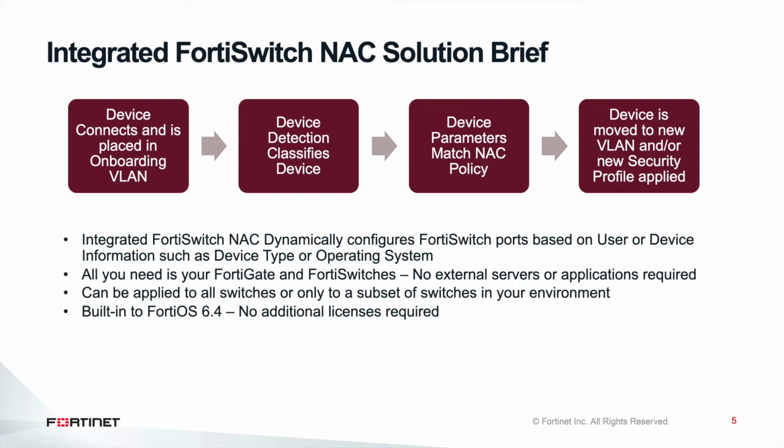That information, such as device type and operating system, is compared against administrator-defined NAC policies, and when a policy matches the device parameters, the port gets set up automatically so that the connected device receives the correct network and security configuration. You'll see this in action during the demo when our IP phones and wireless access points get onboarded and directed to the correct network via NAC policies. Speaking of the demo, let's get going with the basic configuration of the integrated NAC solution.